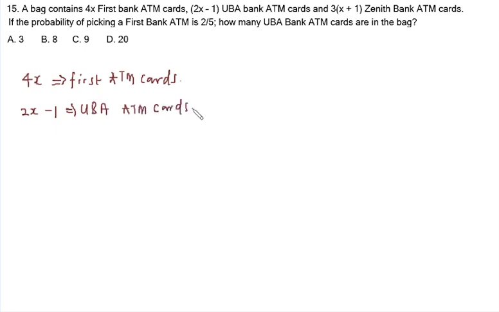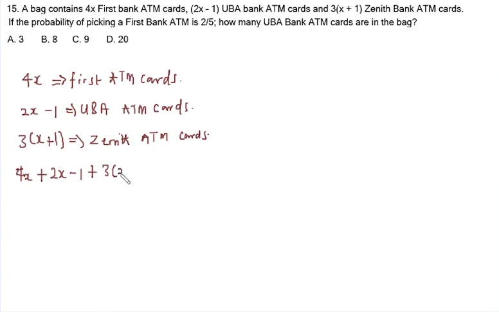And then we know that we have 3(x + 1) Zenith ATM cards. So the total number of cards that we have is simply 4x + 2x - 1 + 3(x + 1).